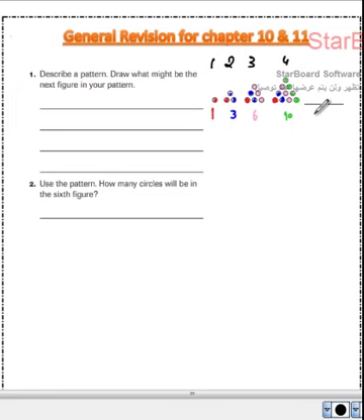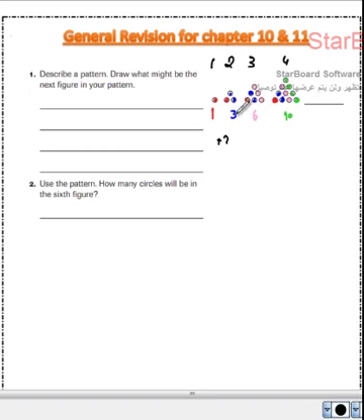Alright. Who can tell me the next one? If you notice that the first figure has only 1 red circle, the second figure has 3, increased by 2. When you go to the third figure, you will find there are 6.